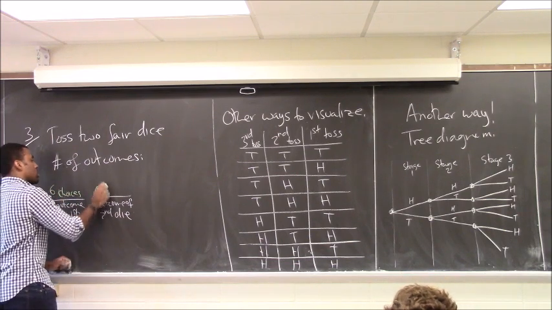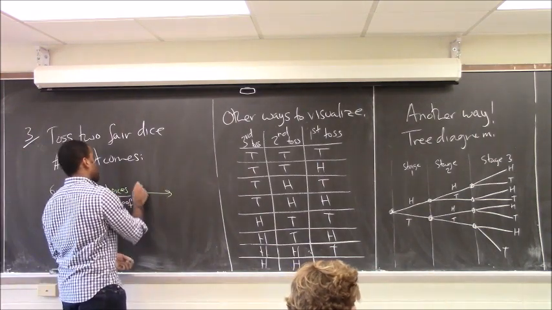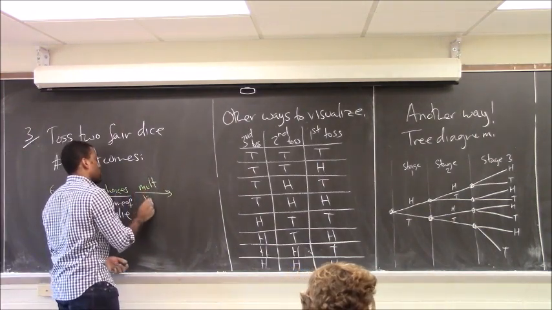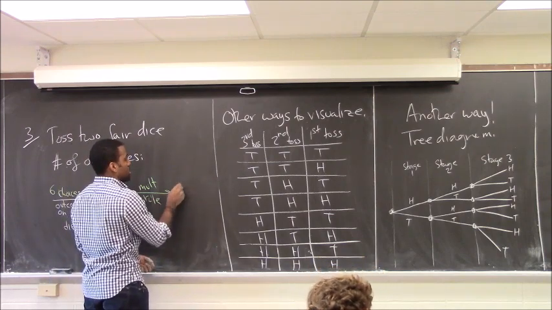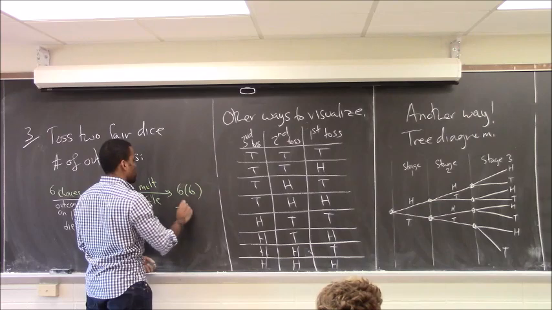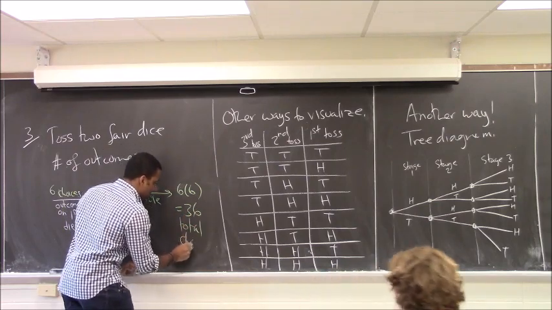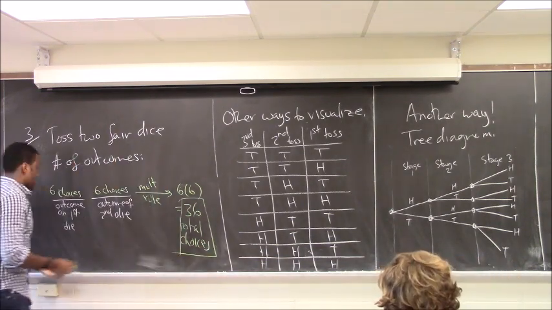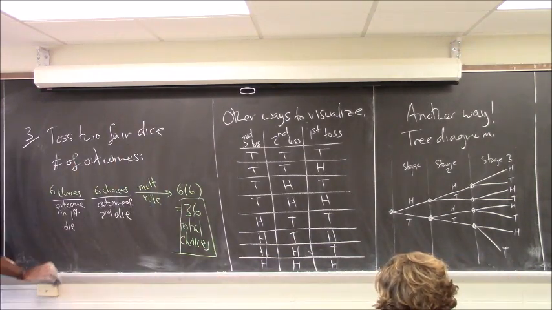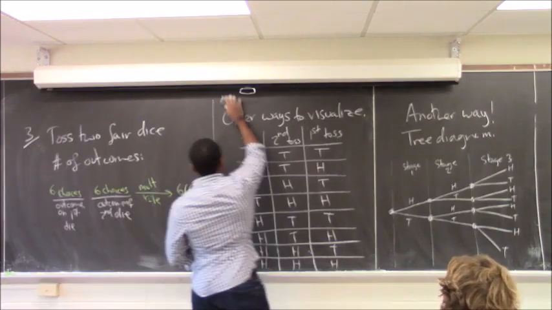In the second one, there are 6 choices. And so by the multiplication rule, 6 times 6 equals 36 total choices. So there are 36 outcomes. A very common way to think about dice in particular, because this example comes up all the time.